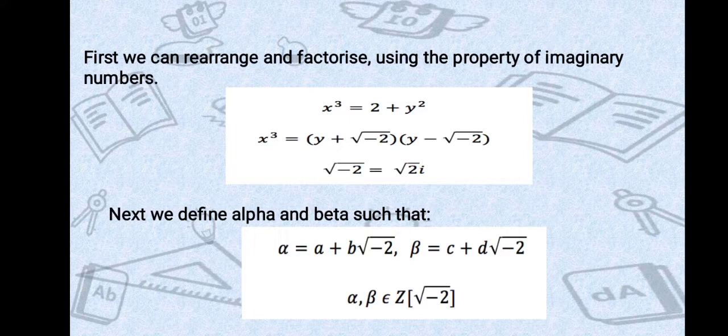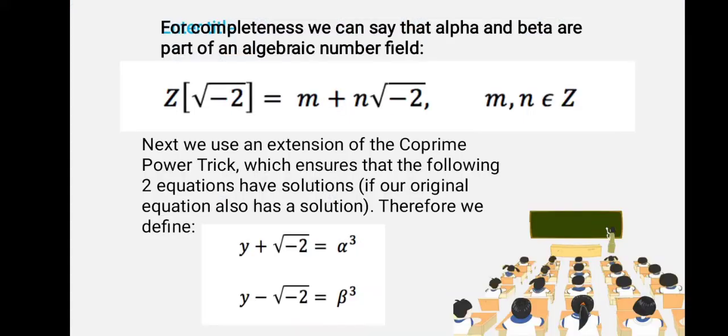Then we can get alpha and beta, wherein z is square root of negative 2. For completeness, we can say that alpha and beta are part of an algebraic number field.